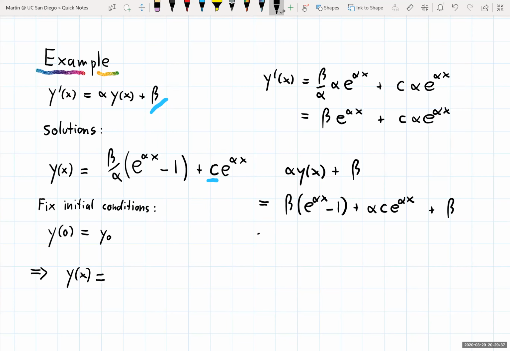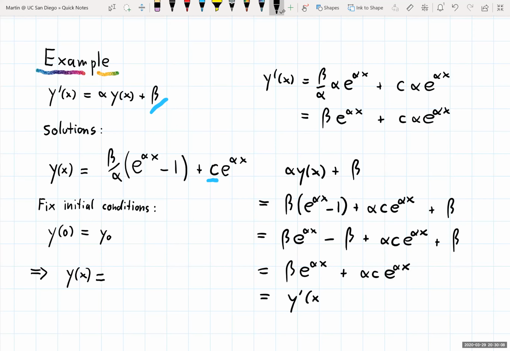Now we can see that we can distribute beta over the difference here, get beta times exponential of alpha x minus beta plus alpha c times exponential of alpha x plus beta, and canceling out these minus beta and beta, what we get is beta times exponential of alpha x plus alpha times c times exponential of alpha x, which, wow, is the same as y prime of x.